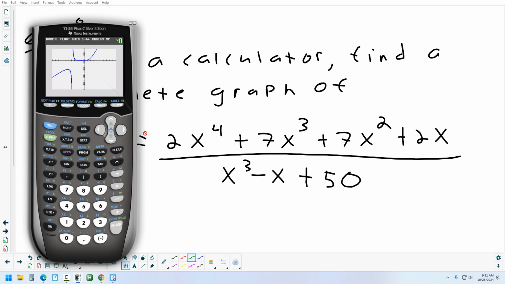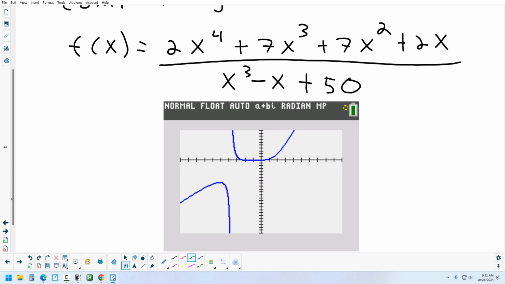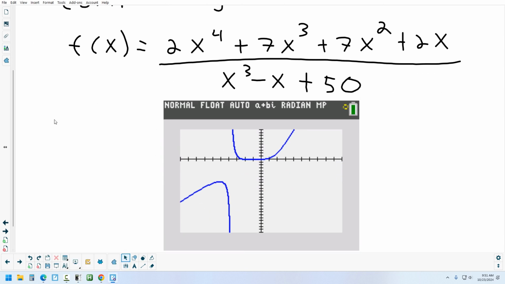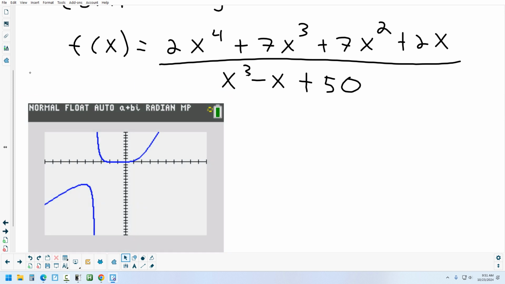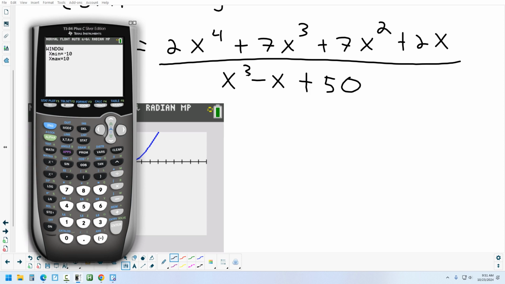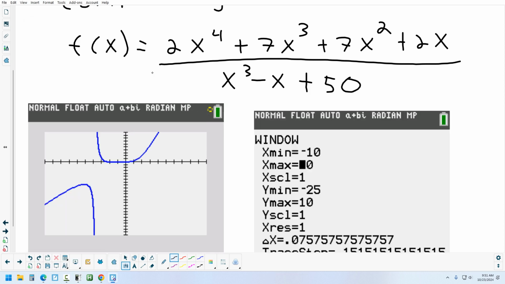Okay, so there's our sketch. Is there anything in that sketch that looks like it might be misleading and we would have to zoom in to see it better? The fact that it's like on the zoom. Yeah, it's very flat, right? It looks very flat. So I would say for that, that's a good window. You can't see the flat part, but for that particular part of the problem, that window is okay.